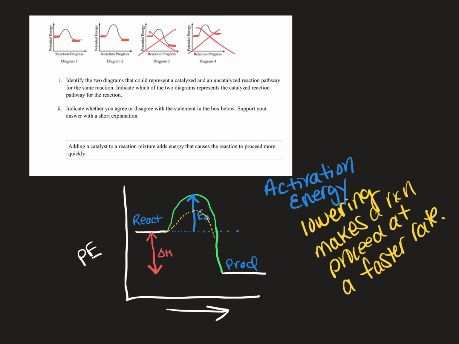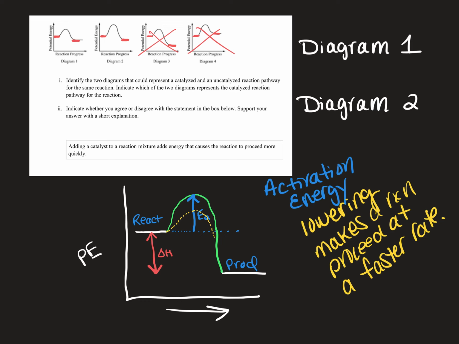So these two aren't possible. So identify the two diagrams that could represent a catalyzed and an uncatalyzed reaction pathway for the same reaction. Well, that's going to be diagram 1 and diagram 2. And it just says to identify, and then indicate which one represents the catalyzed and the uncatalyzed.